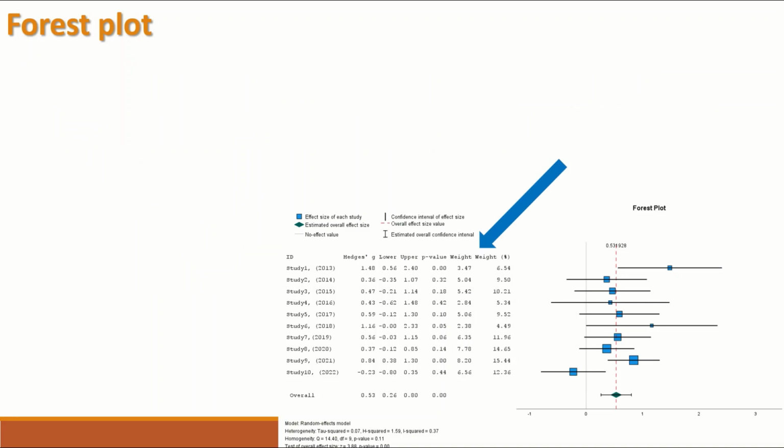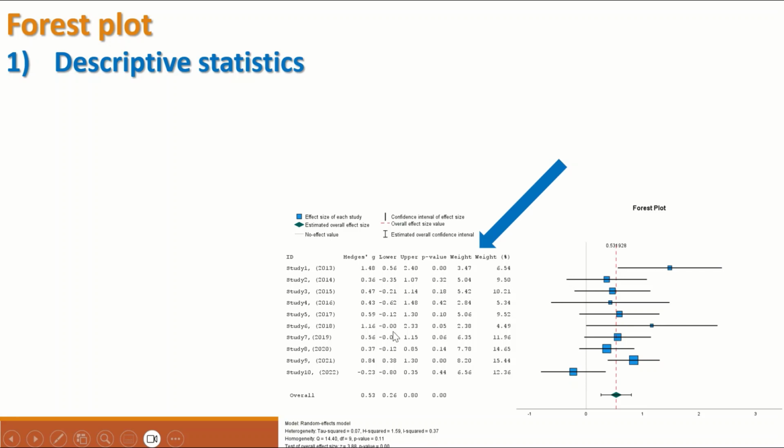So there are three sections. The first section, as shown here, is the descriptive statistics. The second part is the diagrammatic representation of these descriptive statistics, and the third part is the statistical analysis, which shows the overall estimate of the effect size and the heterogeneity test results.